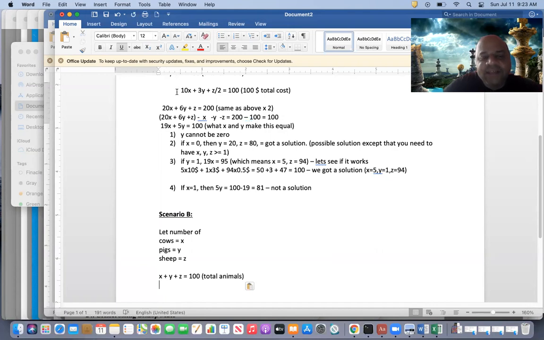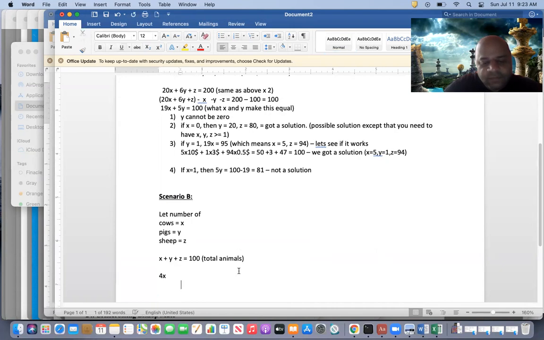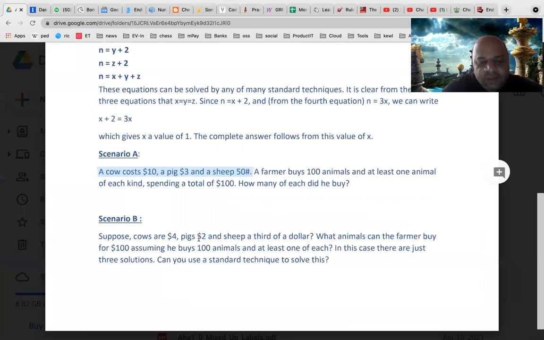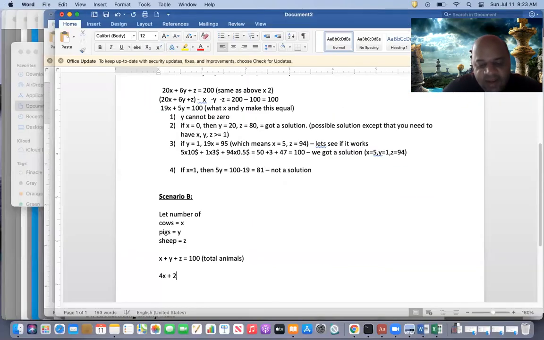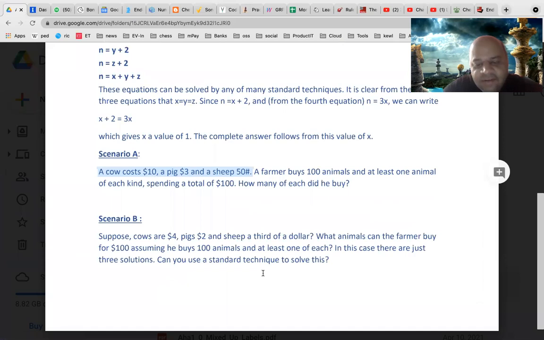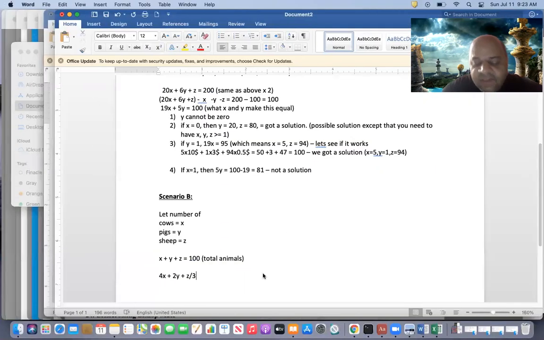The second equation: the price is now different, so instead of 10x plus 3y, it is 4x, since the price of one cow is $4. A pig is $2, so 2y, plus z by 3, because a sheep is 1/3 of $1. So the price of all the sheep is z by 3, and the total is also 100.